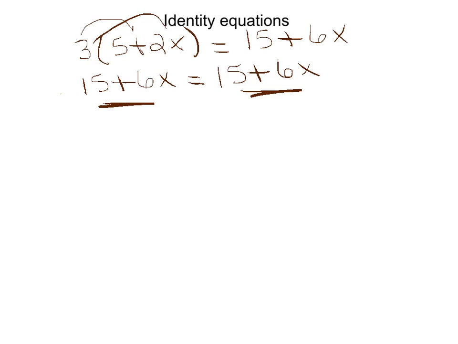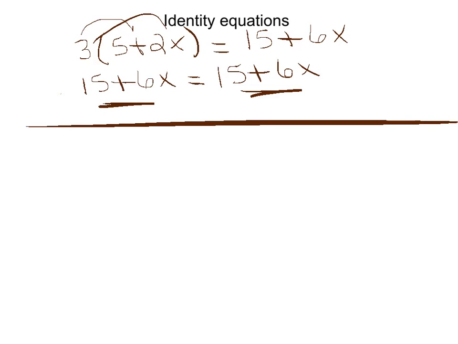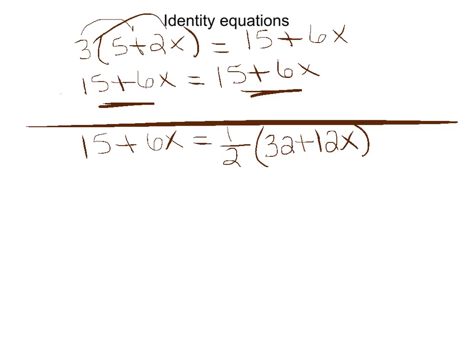Now let's try a different equation that is a little bit tougher to see that it is an identity equation. 15 plus 6x equals 1/2 times 32 plus 12x minus 1.